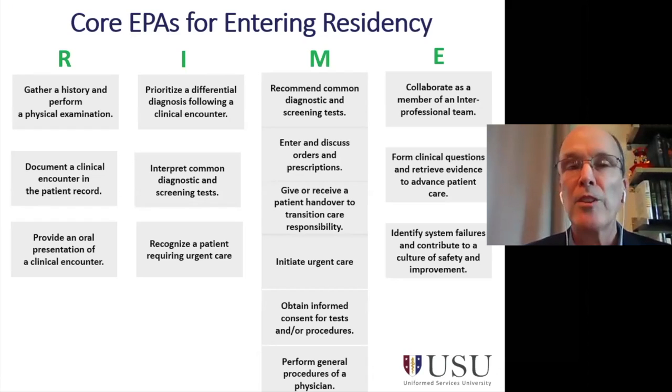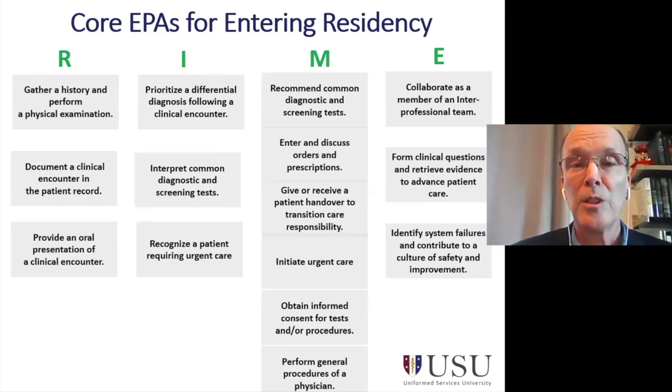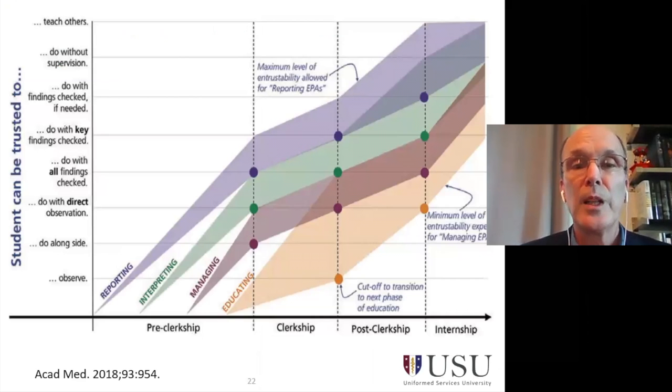So we've split those into two, because recognizing a patient who requires urgent care is something that an interpreter should be able to do. But to initiate care is at the manager level. And from our Academic Medicine last page, what we did is we graphed this out. And this is, again, theoretical, but when you might introduce reporting, interpreting, managing, educating before students begin the clerkship.